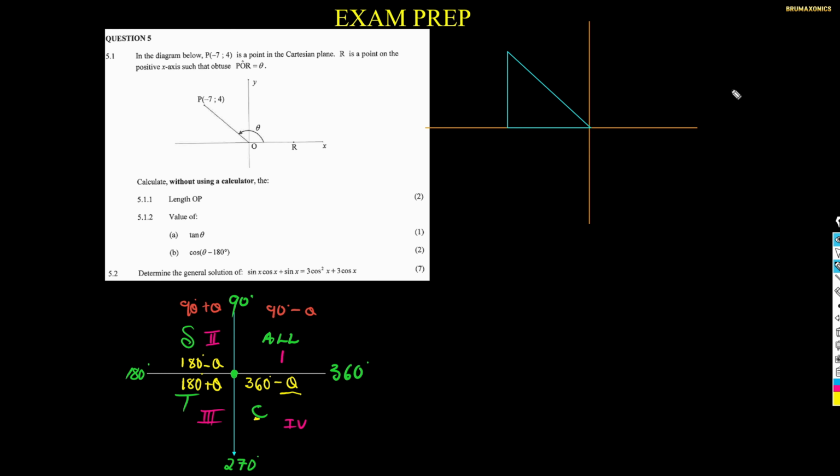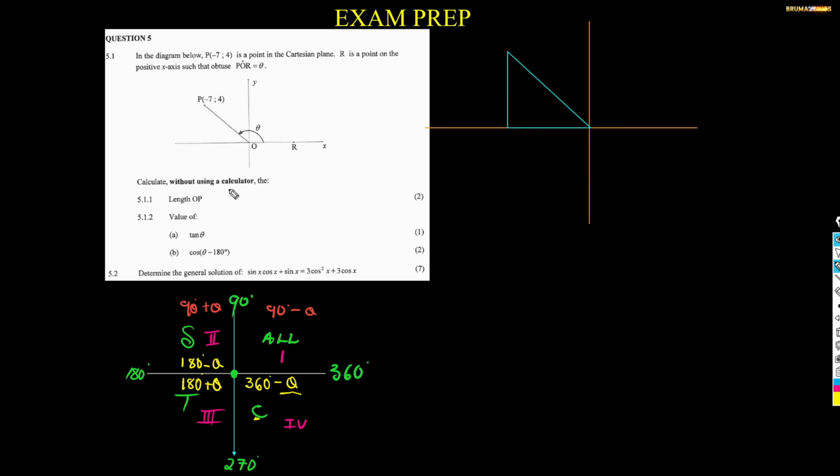So let's look at this question, right? We are given a diagram as follows, where we have the positive x-axis at point R, and we are given angle POR as theta.